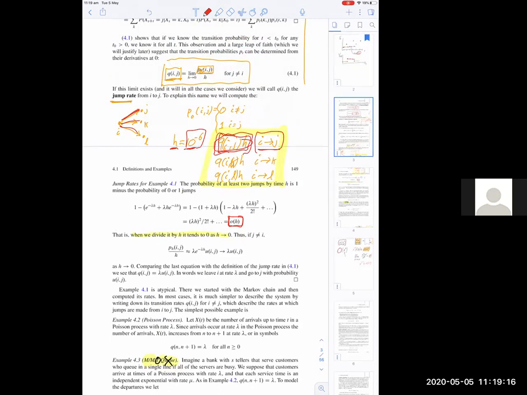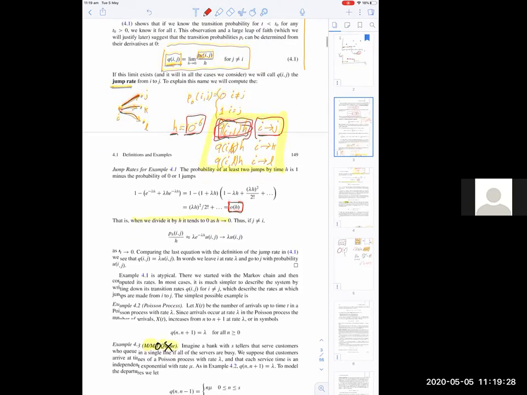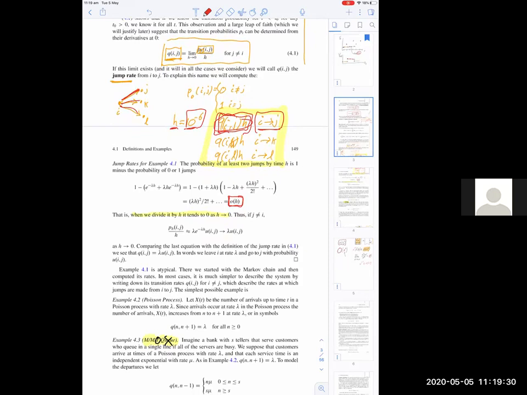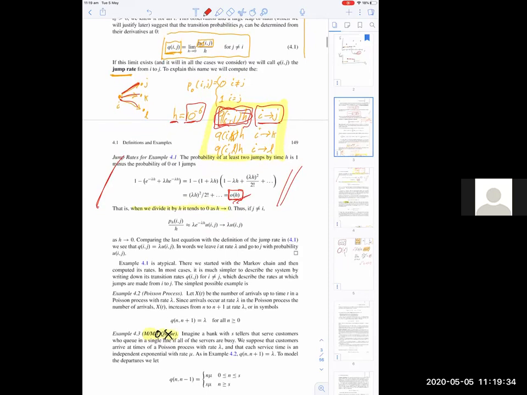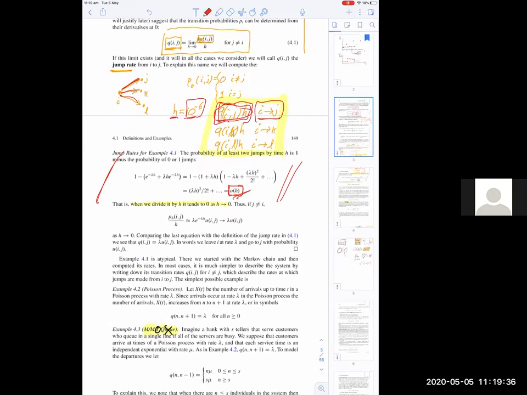To make things precise, you want to say you're roughly going to go with this probability plus a little o of h. So little o of h is kind of your error. Not sure if I really helped with this, but this is the first thing to say about little o of h, and we'll see it appearing more.